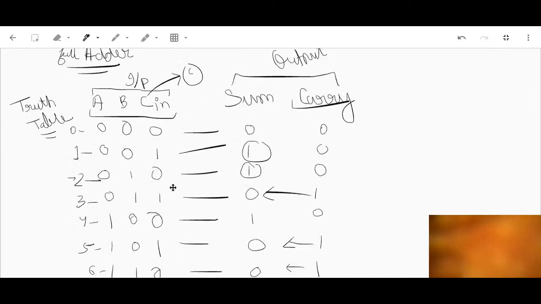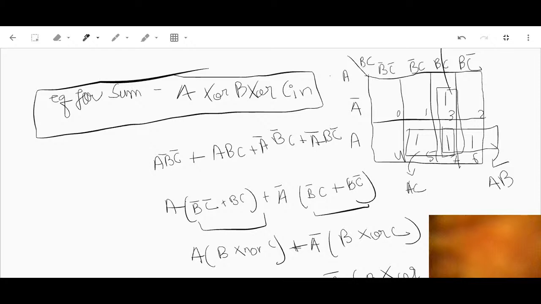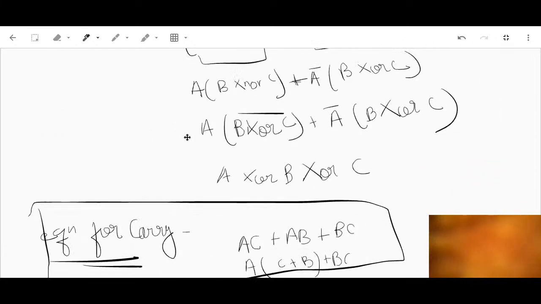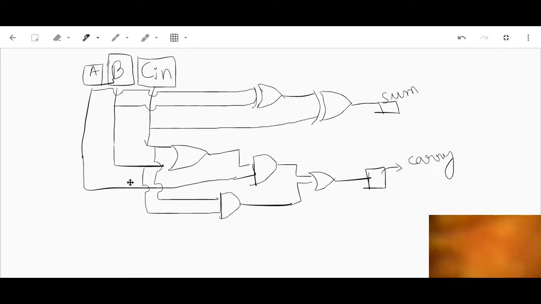We firstly draw the truth table, then find the equation for sum and carry, and then we draw the circuit diagram for that. And now we see the real life example of this circuit. I just drew this circuit in the CircuitVerse diagram simulator.